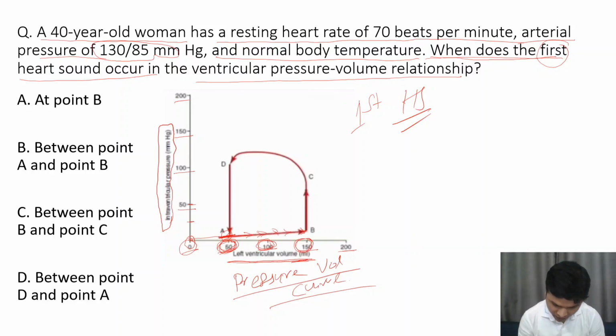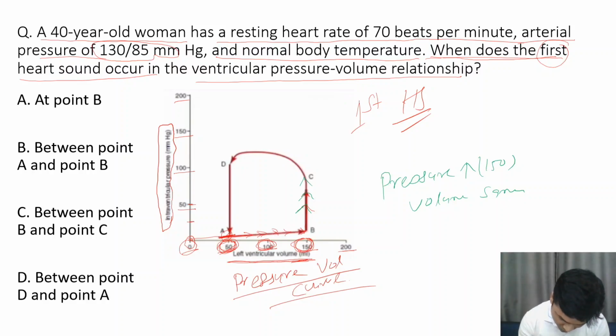And after that suddenly there is no change in the volume, but pressure is actually increasing. Pressure increases but volume is the same. Here at B, volume is 150 ml and pressure is increasing. So pressure is going from here to, suppose, here, a straight line.